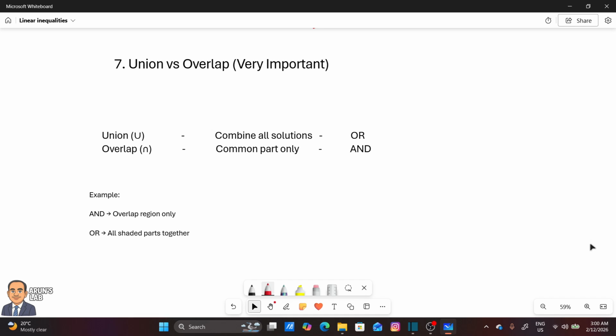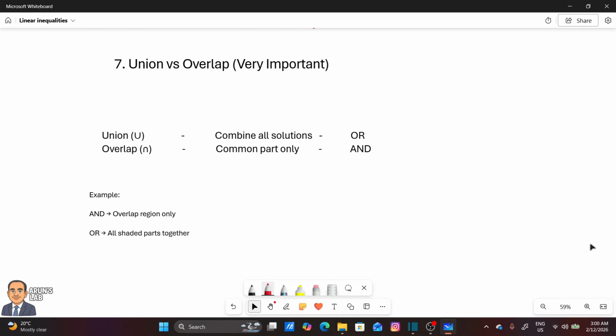Union means there is no need to satisfy both inequalities at the same time, though satisfying both is fine. But at least one inequality should be satisfied by the x value. That's what OR means. So AND is the overlapping region only, while OR means all the shaded parts, all the regions combined together.